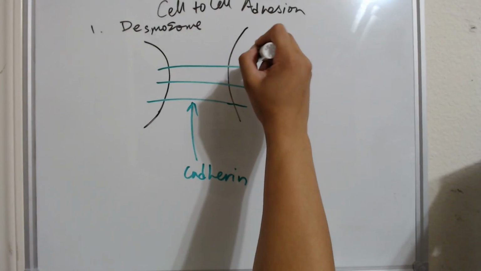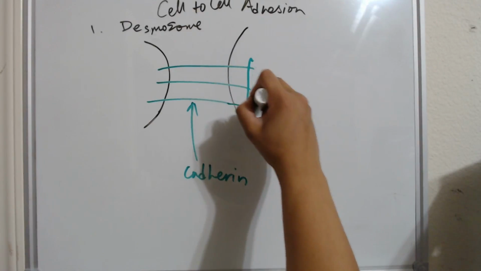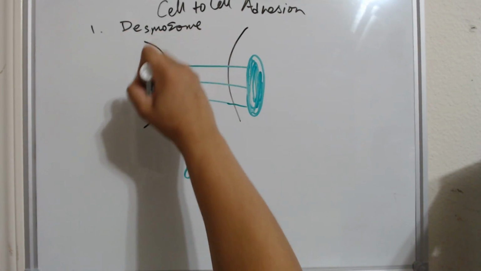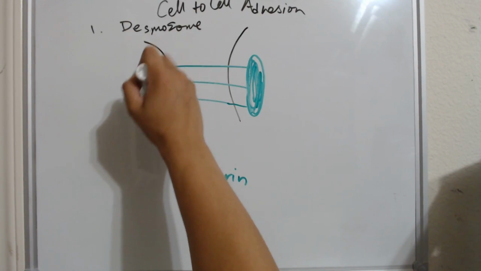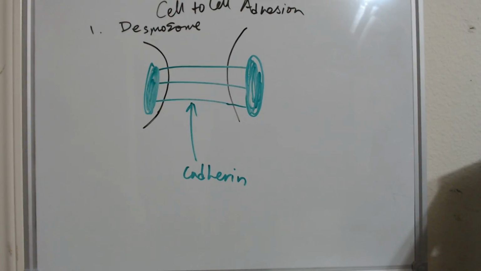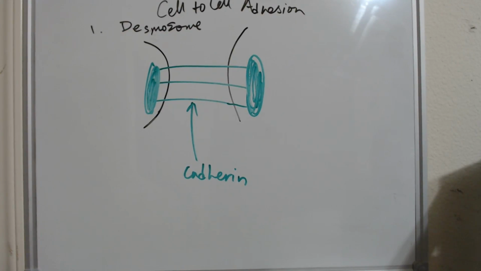And the cadherins are attached to these areas of thickened cytoplasm or cytosol called plaque.